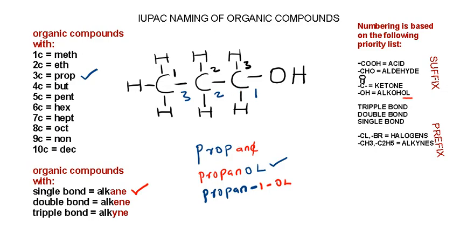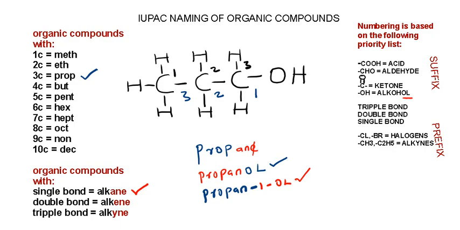So 1-ol, because OH belongs to a functional group called alcohol, and this functional group OH is attached to carbon number 1. Is that understood? So that's why we have propan-1-ol. So it is also correct, propan-1-ol or propanol.